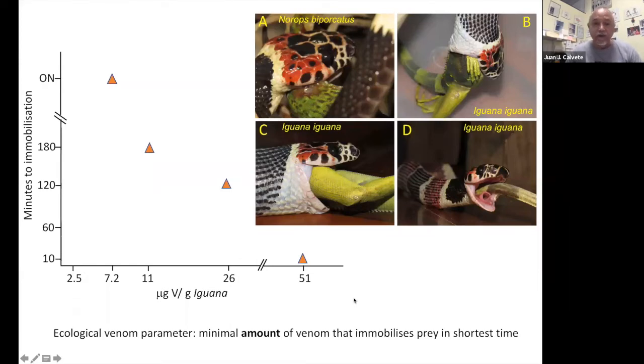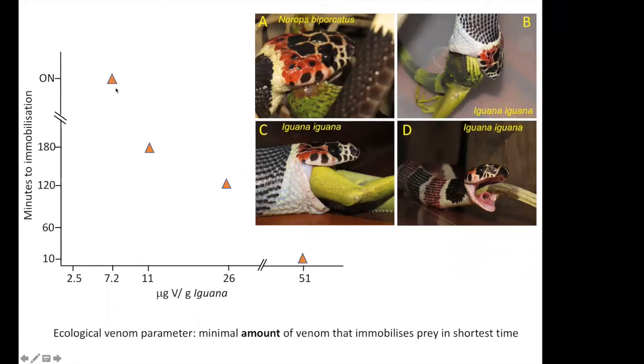So there is a convergence in immobilization rather than killing the prey in some venoms that needs to be taken into consideration when you try to make sense of a simple parameter like the LD50. And here you see also that with different amounts of venom deployed in the iguana, the time to immobilize decreases.